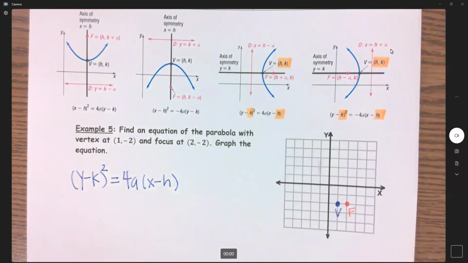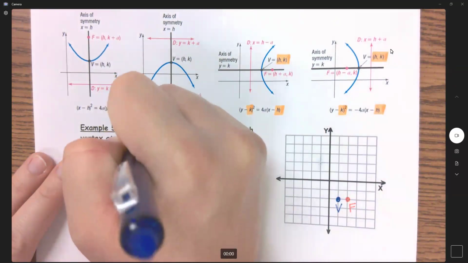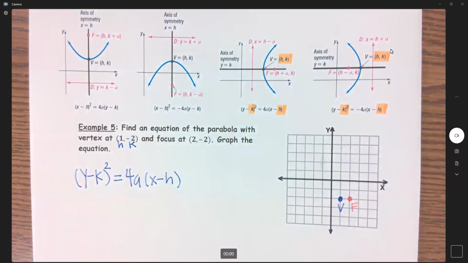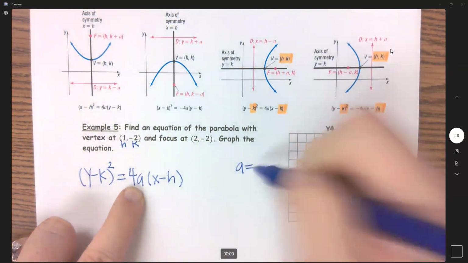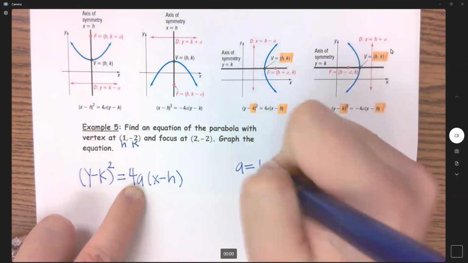So we need 2 things. We need the vertex, which is given to me. So here's h, and here's k. The last thing I need is a, and a is given to me from these points here. What's the distance from the vertex to the focus? And that's 1.